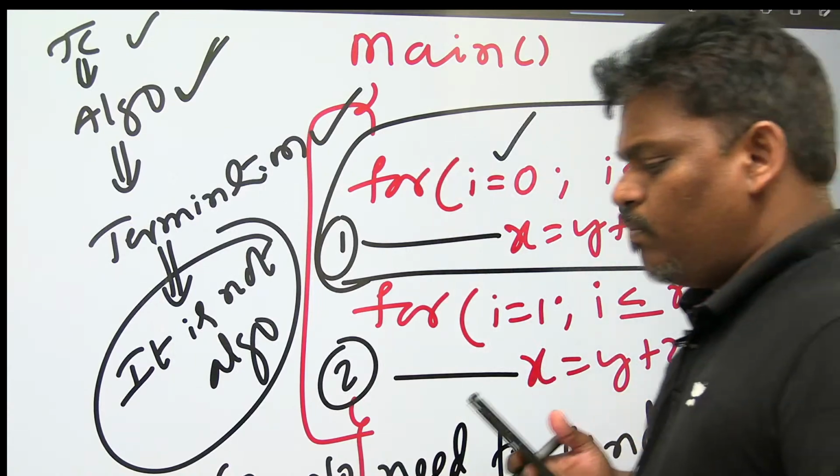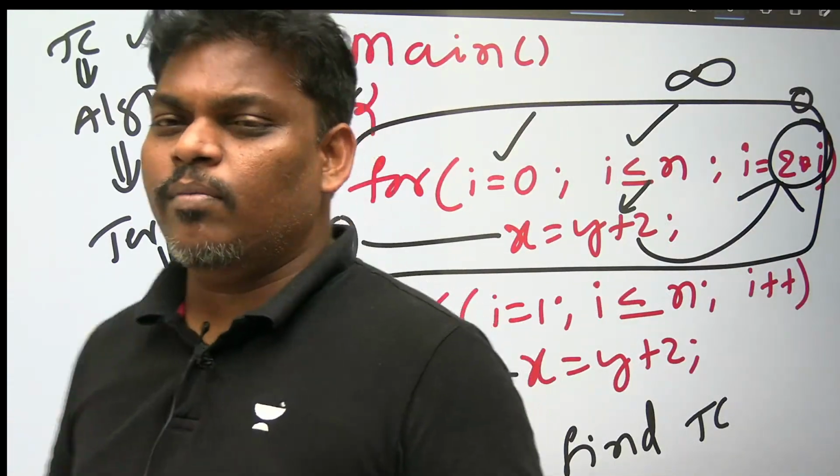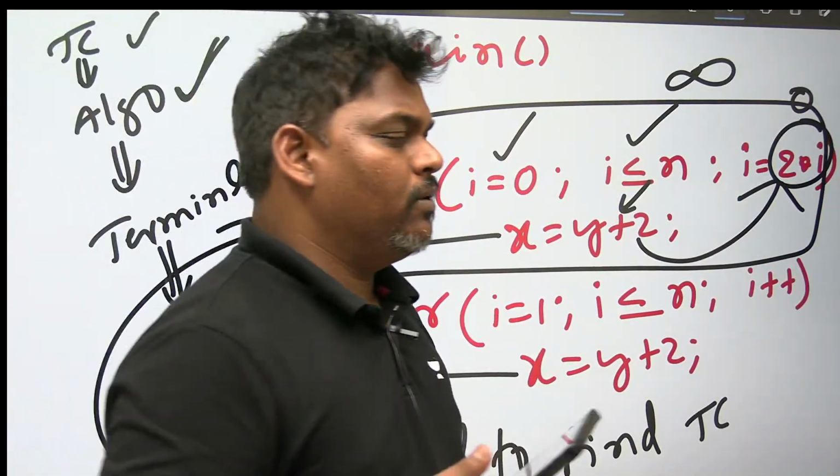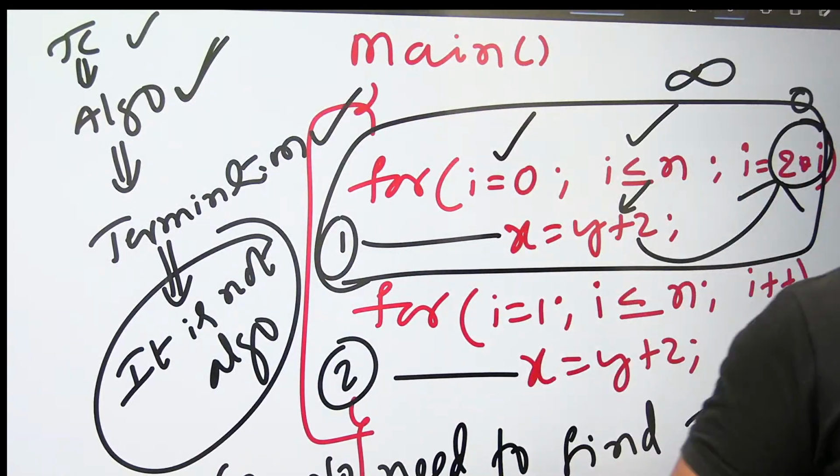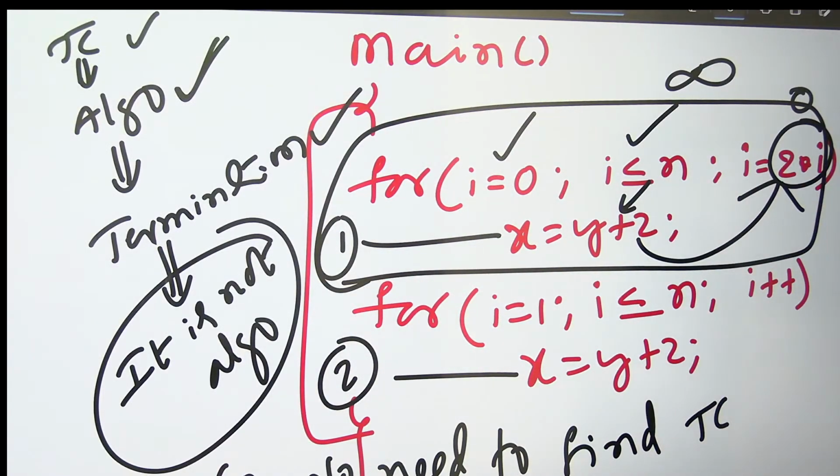Please be careful. It is not an algorithm, we don't find out time complexity. Are you getting? First of all, where is the function call? Only one function call, main.